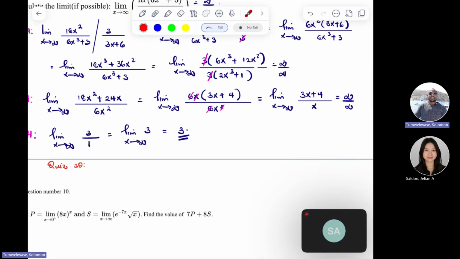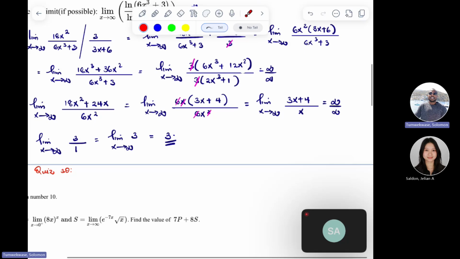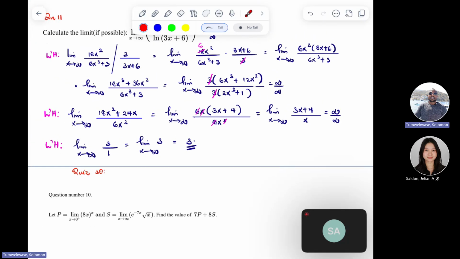So let me see whether I'll answer that nicely. The whole thing is at every stage, after taking the derivative and you have an answer, take the limit of that function and see what you get. If you still have infinity over infinity or 0 over 0, then you continue.